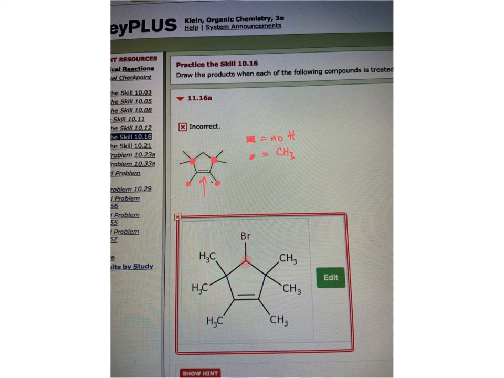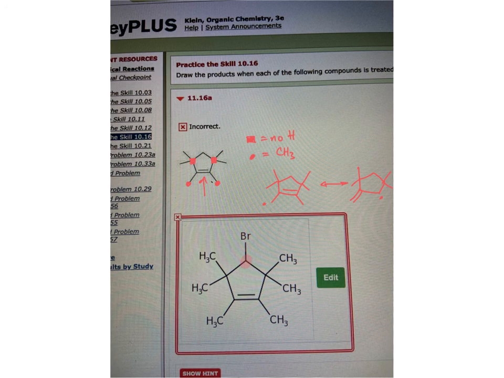So the mechanism of this reaction is that you're forming an allylic radical. And so if you consider what are the resonance forms for that allylic radical, now those are the positions where you can get substitution.